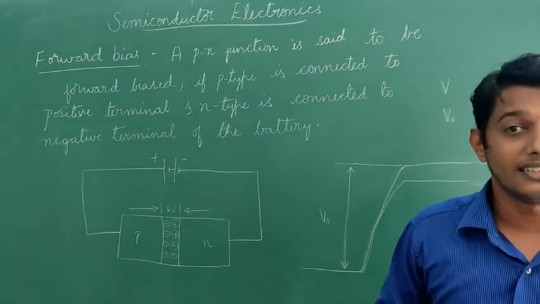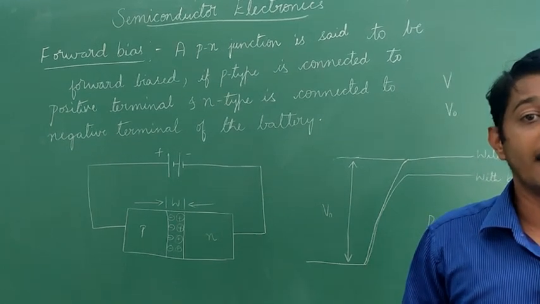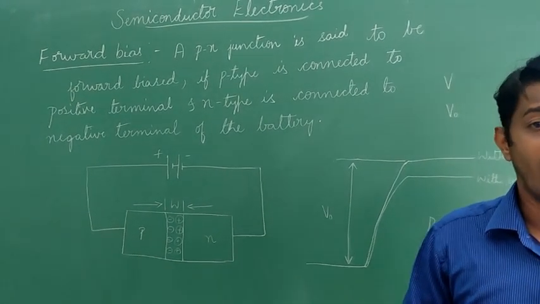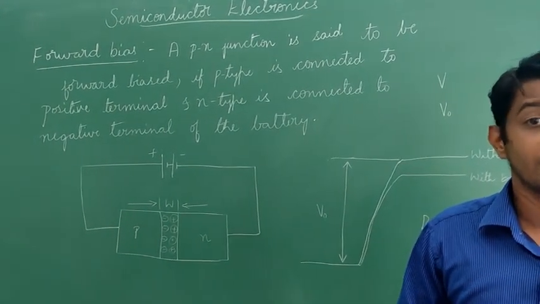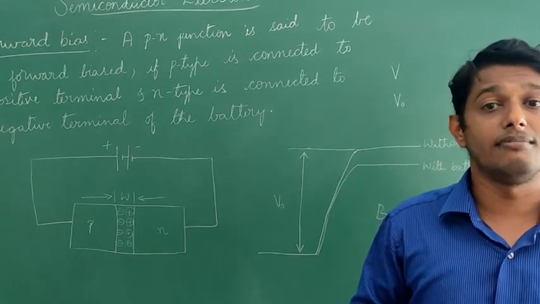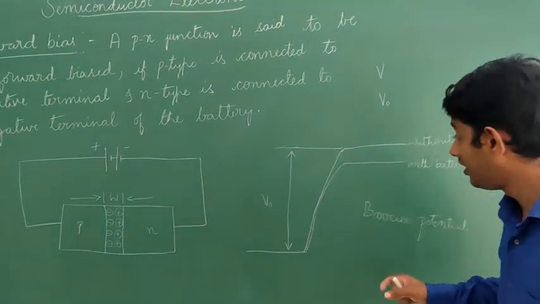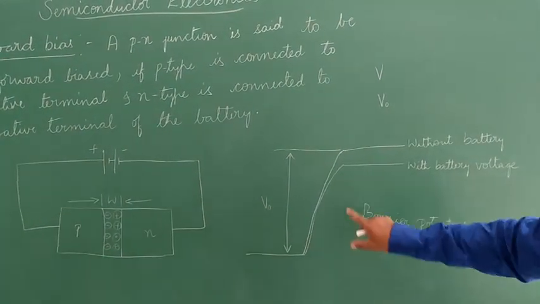So as a result, the depletion layer width decreases and the barrier height is reduced, as you can see in the barrier potential from this figure.